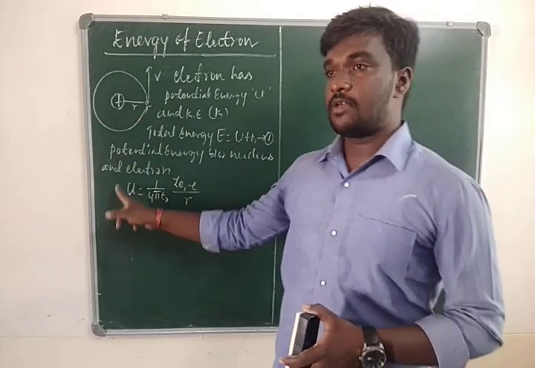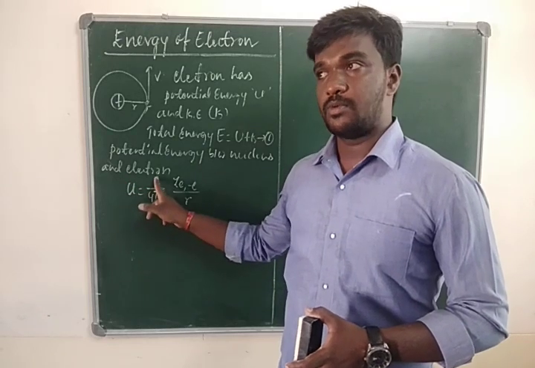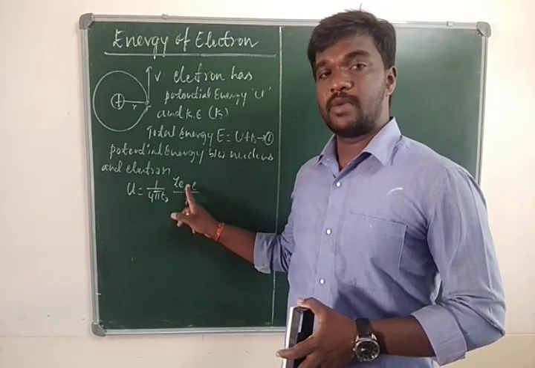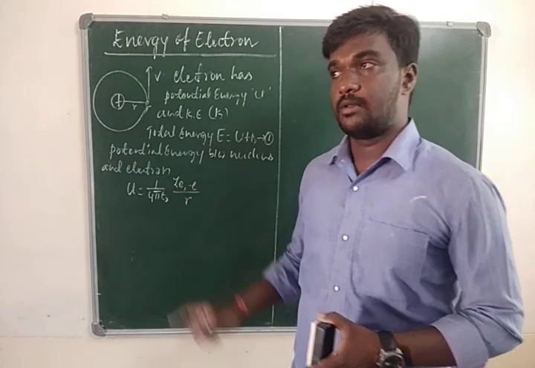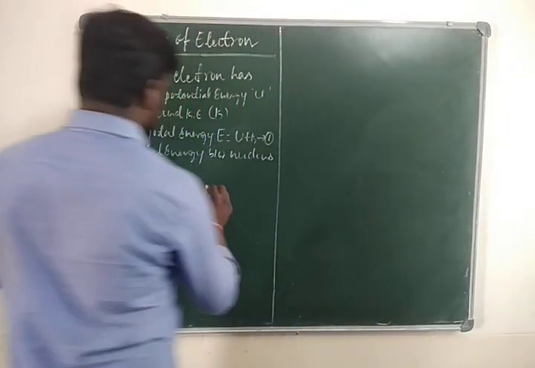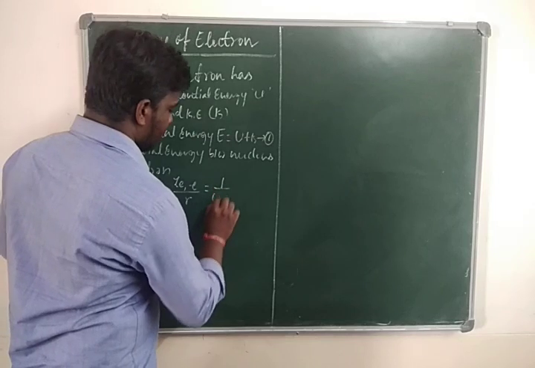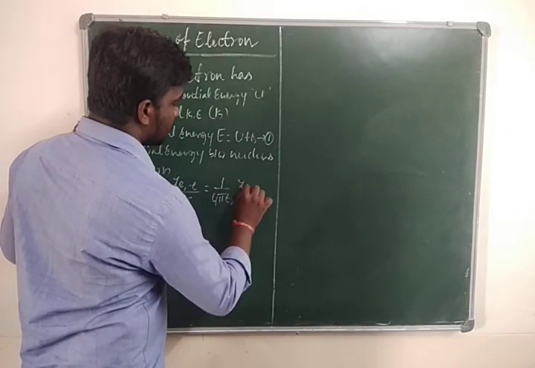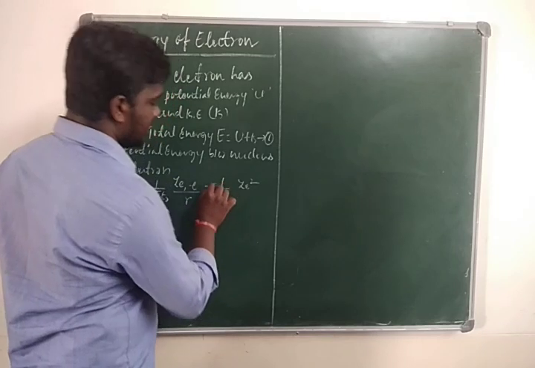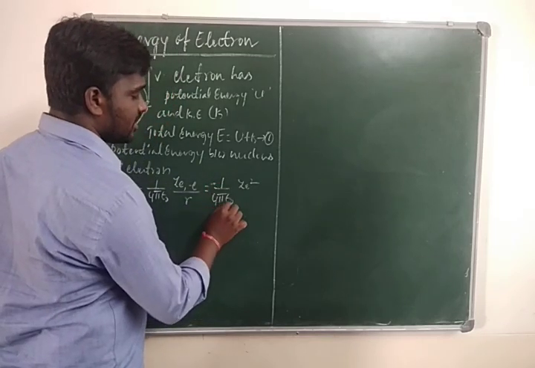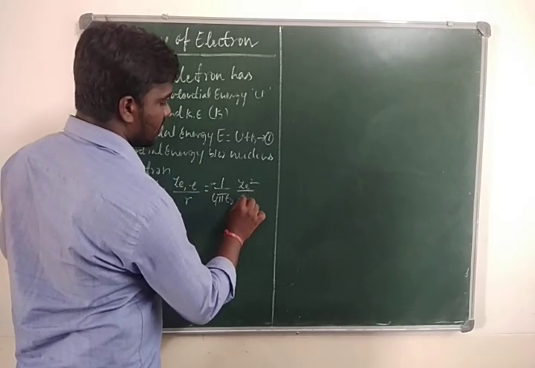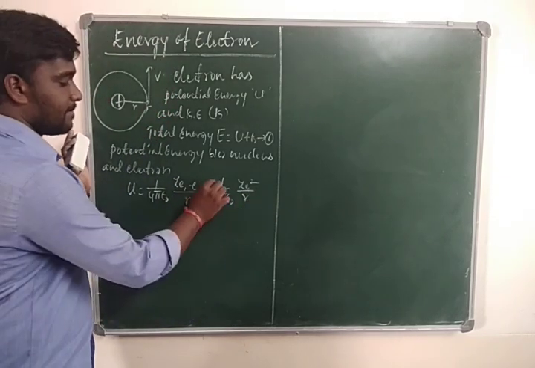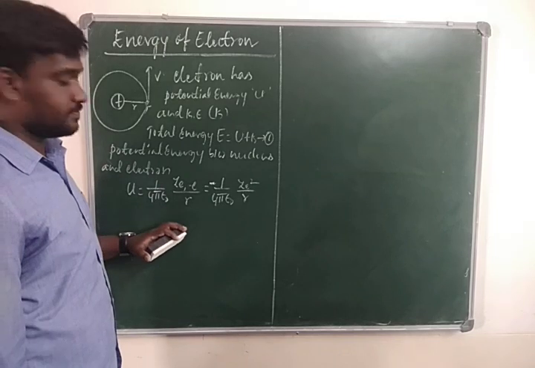That means U is equal to 1 by 4 pi epsilon naught Ze into minus e by r. So minus 1 by 4 pi epsilon naught Ze square by r is the potential energy of the electron.